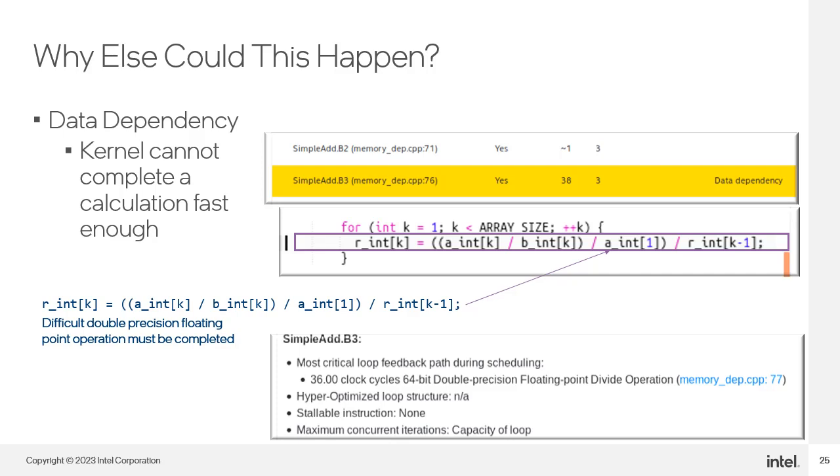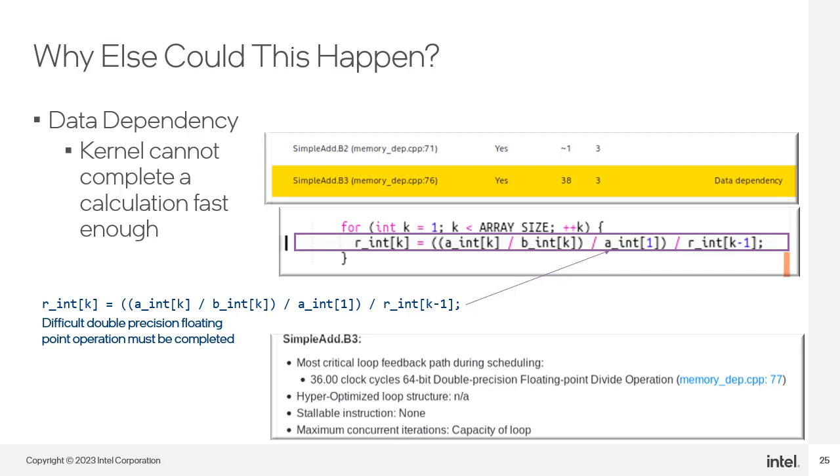This will definitely take a while, and generally divides are slow. Reading the details field below in the report, it shows the divide is taking 36 clock cycles, thus accounting for the high II. Data dependency can also occur when you have more than one operation or implicit conversion.